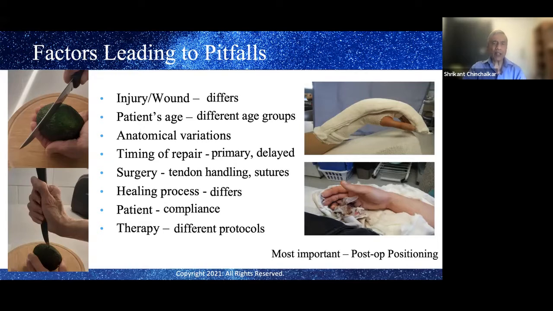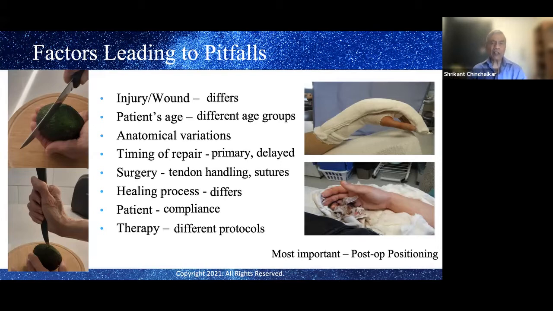And remember, I talked about the stages of wound healing. We know that the first 3 to 4 days are the inflammatory phase. So quite likely the patient may not come to the hospital for tendon repair while in the inflammatory phase.